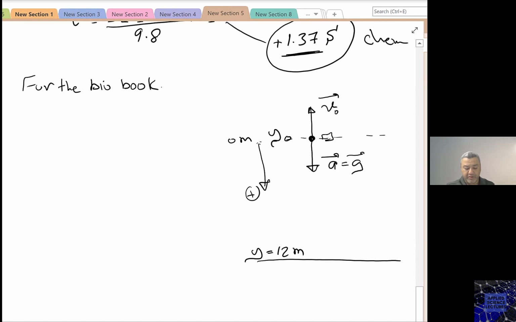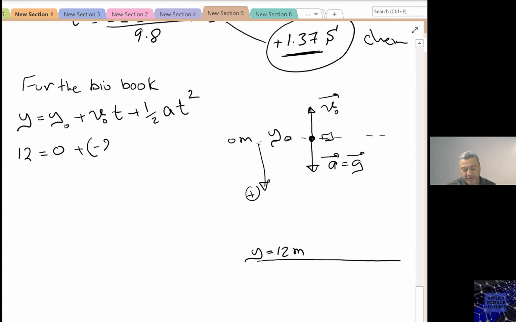So in this case, we have the equation y equals y naught plus v naught t plus half a t squared. In this case, I have y as 12, y naught as 0, the velocity as -2, because it's pointing up against my positive reference, times t, half acceleration is positive, t squared.